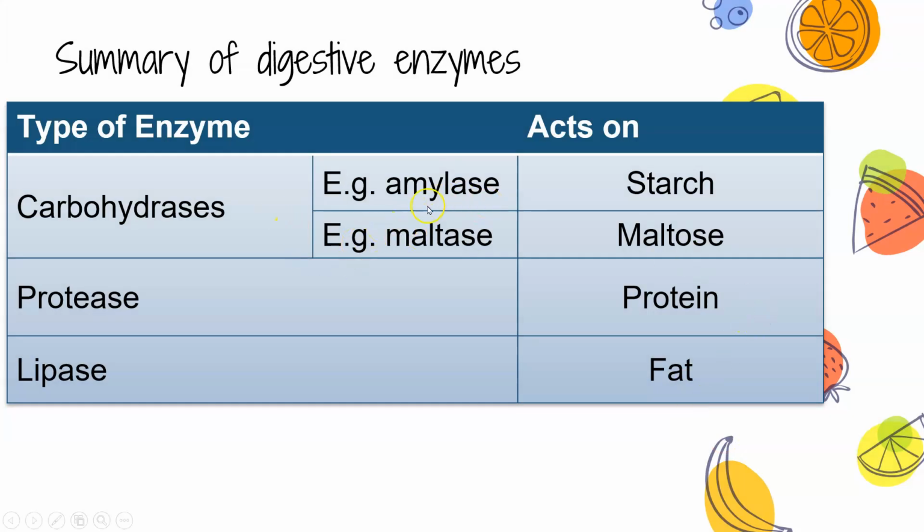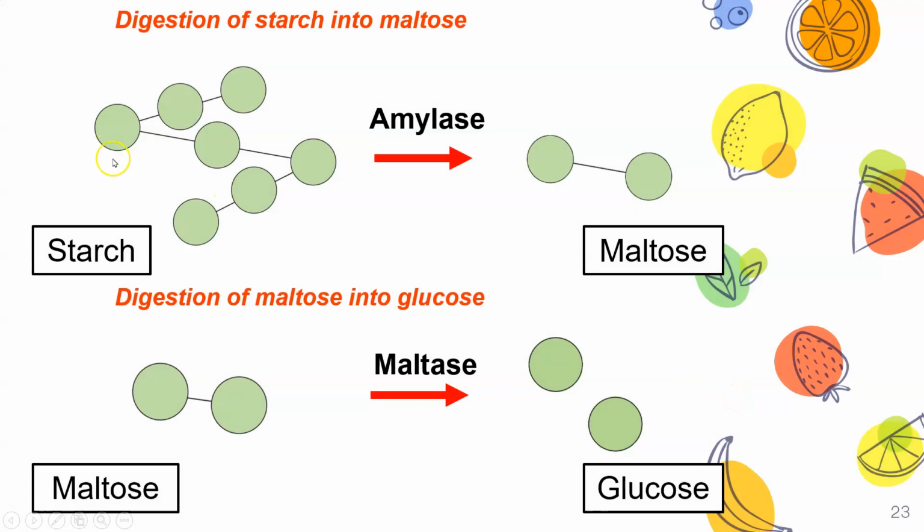Sorry, the enzyme is called maltase, and the maltase enzyme would digest maltose into glucose. We also have proteases, which break down proteins into amino acids, and lipases, which break down fat into 1 glycerol and 3 fatty acids. Let's recap.